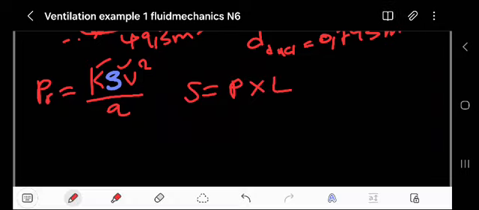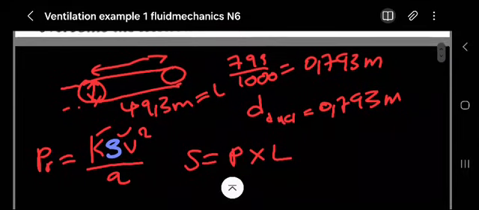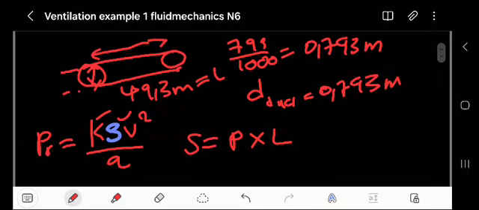So we must check here. We're given a duct, a cross-section of the duct. You focus on this cross-section of this duct. You see what it is? It's a circle. So how do you find the perimeter of the cross-section of the circle?